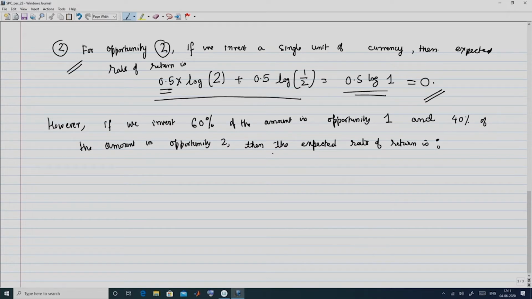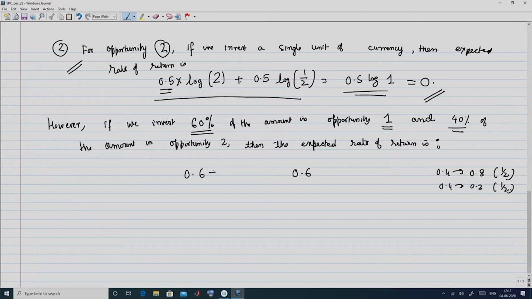the following. If you invest an amount of 60% in opportunity 1, that means you get 0.6 unit of the currency. So, from opportunity 1 you will end up getting 0.6. Now, the remaining 40% means that you have invested an amount of 0.4 in opportunity 2. So, that 0.4 will grow either to 0.8 with probability half, or it will come down to 0.2 with probability half.